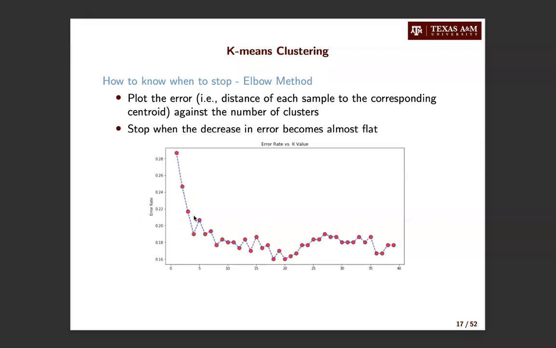Obviously, the distortion metric decreases the more we run K-means. So we choose to stop running K-means when the decrease in error becomes almost flat. And this method is also referred to as the elbow method, because we are running K-means until we see an elbow. And when we find this elbow, we stop.